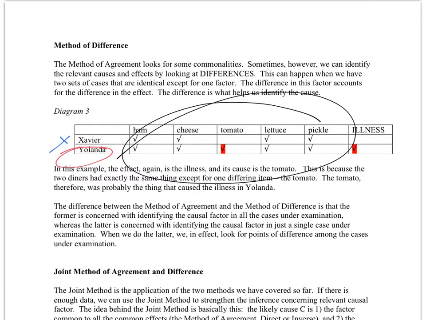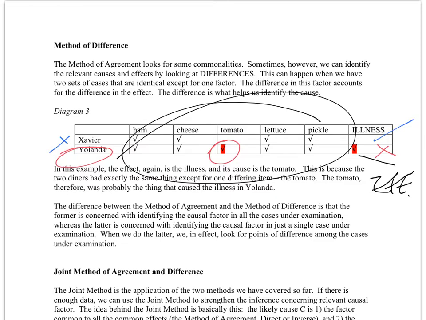So if Yolanda got sick, this is the effect again. And it turns out that they had pretty much the same sandwich, except Yolanda had tomatoes on her sandwich and Xavier did not. In other words, that's what was different about Yolanda's health outcome, which was illness, and Xavier's health outcome, which was he was perfectly fine.